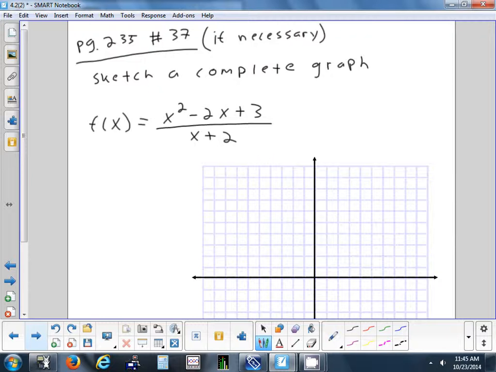Okay, this one we're going to skip over for now. Maybe we'll come back to it. But I just want you to try to tell me what the end behavior asymptote is going to be. Is it going to be a parabola? Is it going to be a slant asymptote? Okay, just by looking at it. Go ahead, James. Slant.